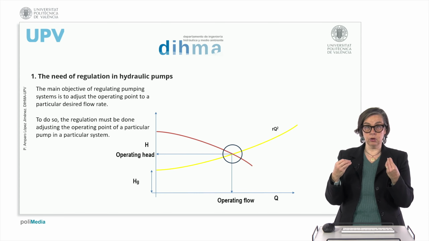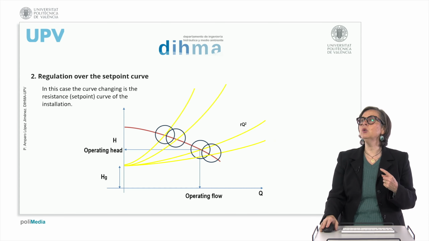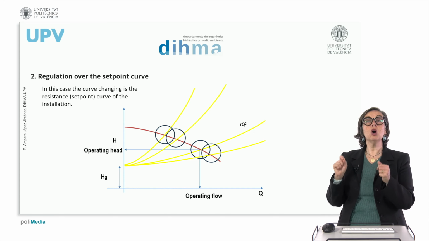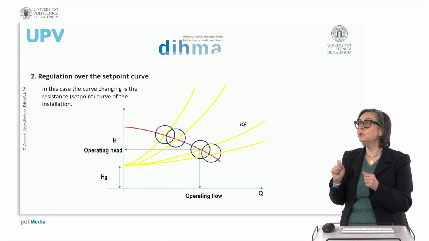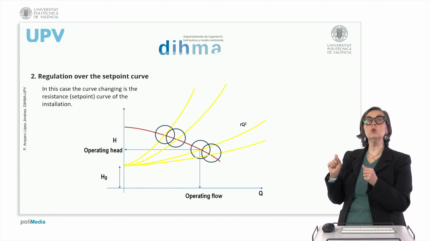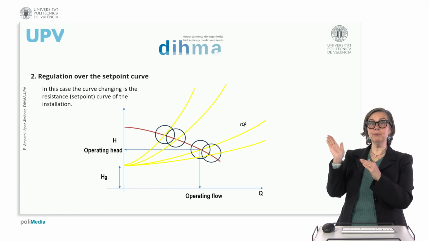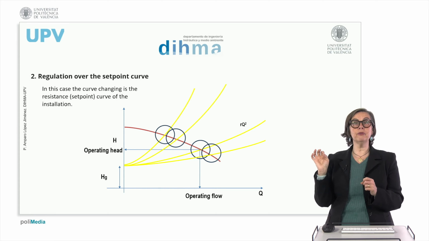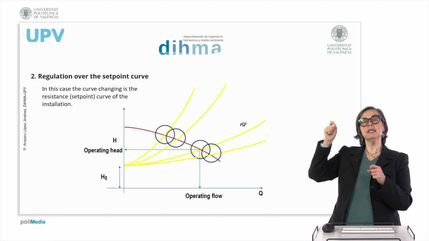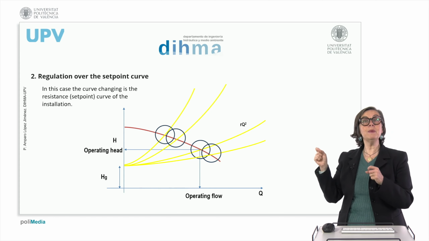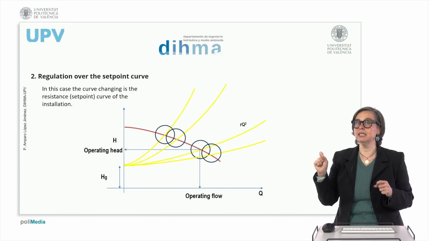So if we need to control flow and head in the system, we will have to operate over one of these curves. In this case, we will be speaking about operating over the set point curve, the resistance curve, in which we will be changing the operating flow and operating head by changing this yellow line representing the facility.